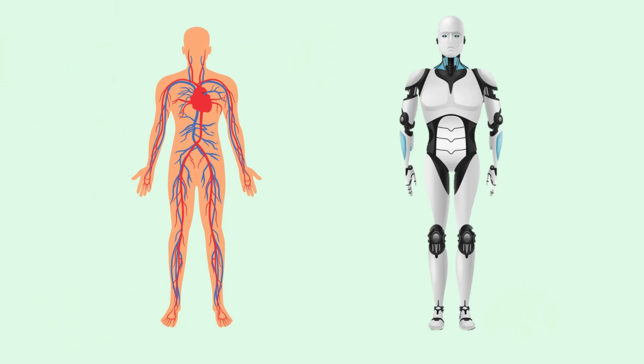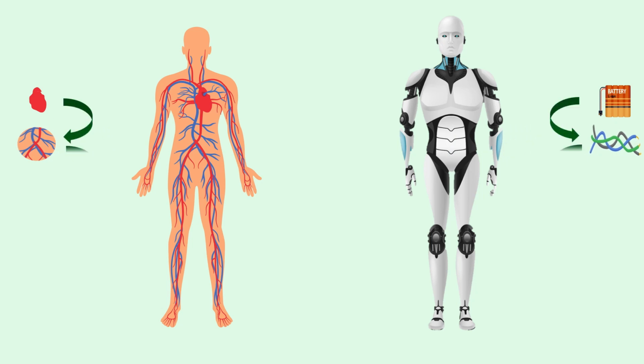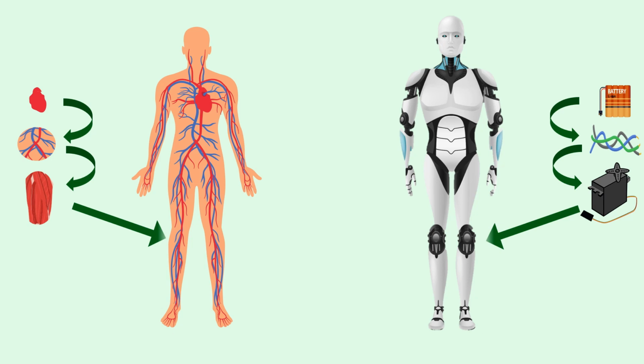Similarly, in robots, the energy to different components of the robot is provided by a power source. Wires are used to transfer energy from the power source to the actuator. This helps in movement of the actuator and thereby results in motion of the robot.